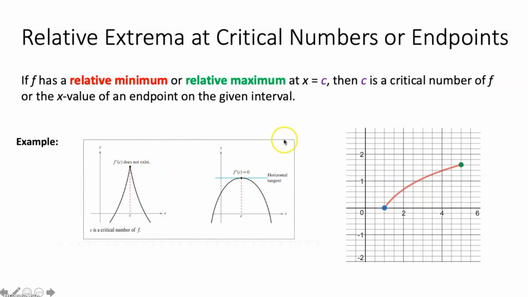Or at that particular x value, your function has an endpoint. So like over here, we have a relative min at our leftmost endpoint and we have a relative max at our rightmost endpoint. So all you need to know is that relative extrema, relative min and max values of a function, can only occur when that x value is either a critical number or an endpoint.